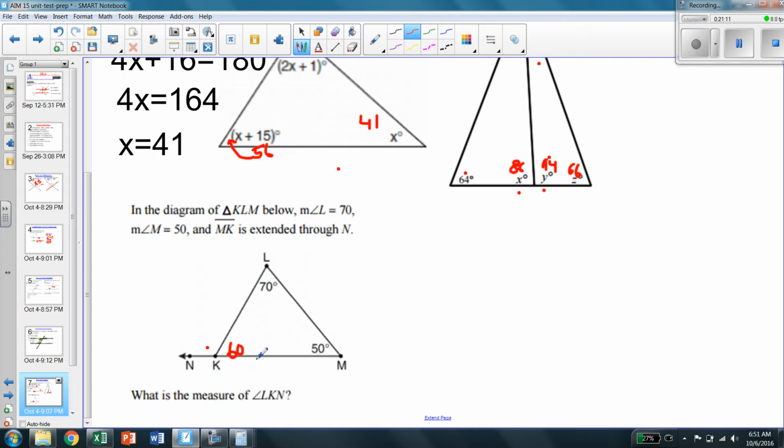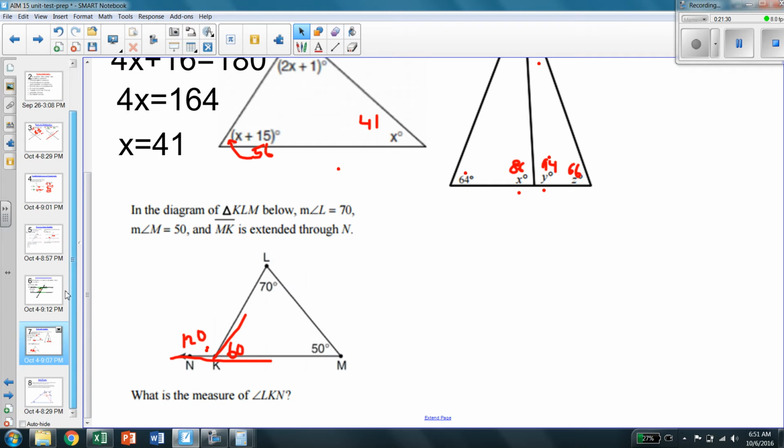So I have all the angles in the triangle. How am I going to use that information to get this exterior angle? Supplementary angles. This one and this one add up to make 180, so therefore it must be 120 degrees. All we did was we used the fact that the angles in a triangle add up to make 180 degrees.